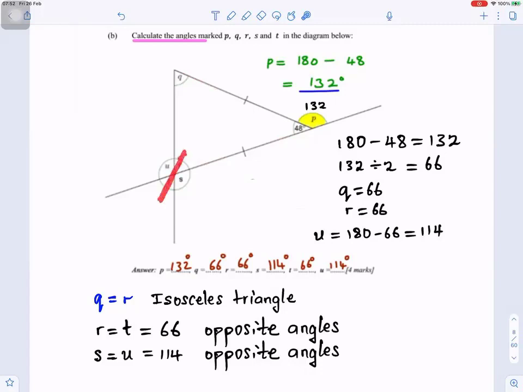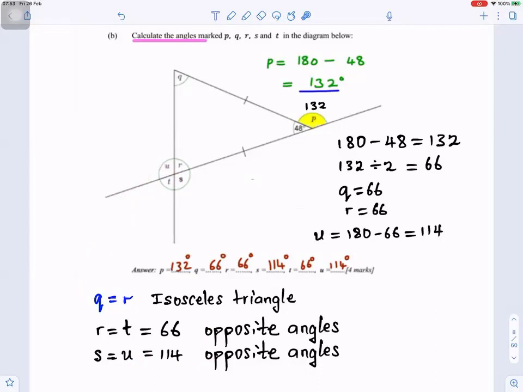R and T are vertically opposite, so they are the same. So that will be 66. And if R is 66, and this is a straight line, these two angles add to 180. 180 minus 66 will give you 114 for U. So U is 114, and U and S are opposite, so they are the same, 114, because they're directly opposite angles.